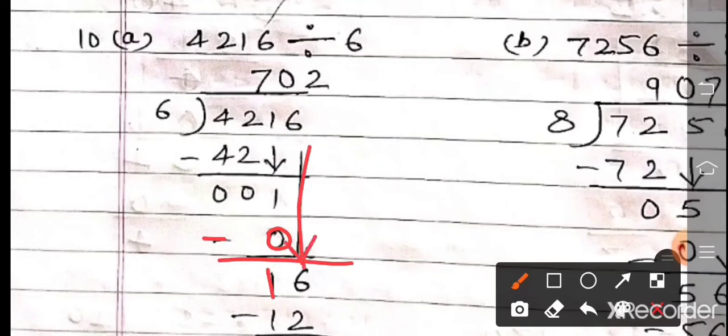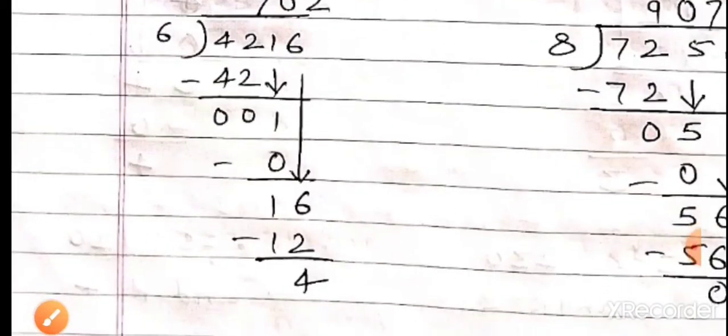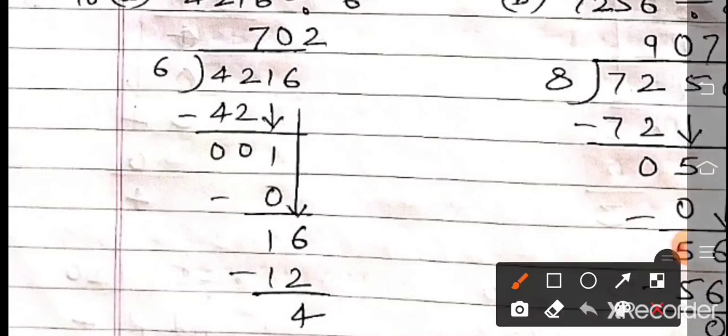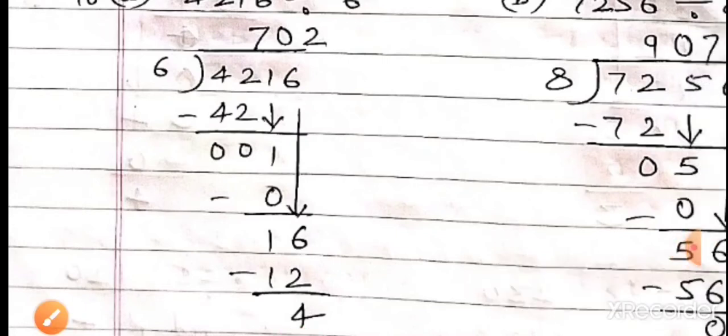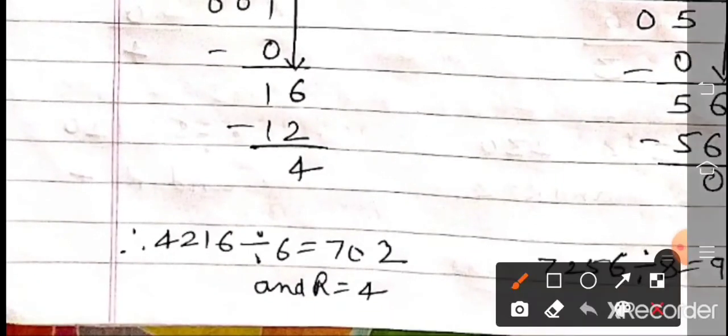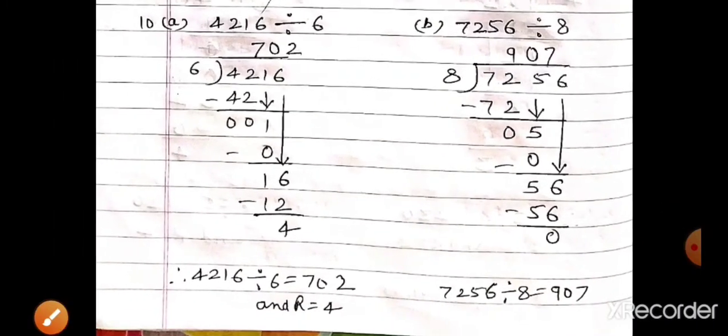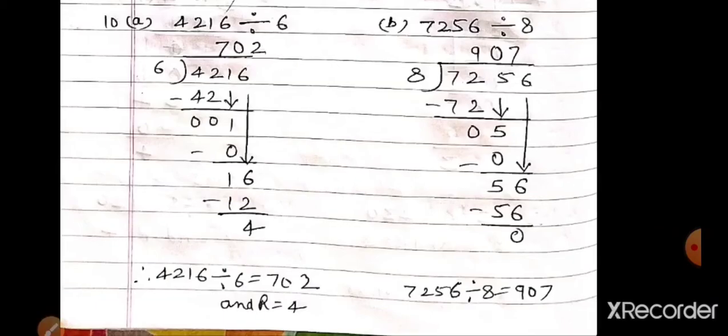Bring down 6 here. It becomes 16. Now 6 2 ja 12. 6 3 ja 18 is more than 16, so 6 2 ja 12. Subtract, 4 is the remainder. So answer is 702 and remainder 4. Okay, so like this you have to do B part also. Okay, now C, D, E is your homework.